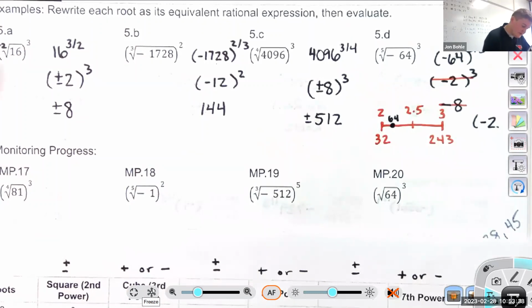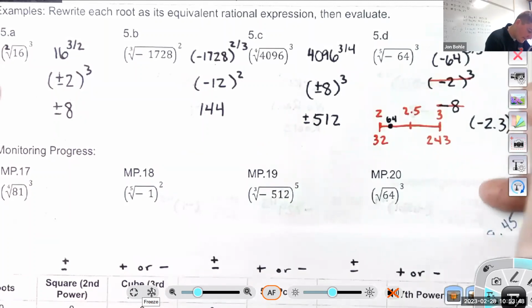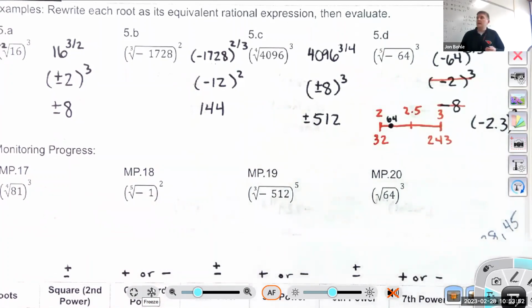I think 2.2 seems relatively easy. I'm going to do a 2.3. Okay. And I did do a little calculator work on the side. It's not exactly 2.3, but at this point, we just don't have a nice neat number, just estimations close.